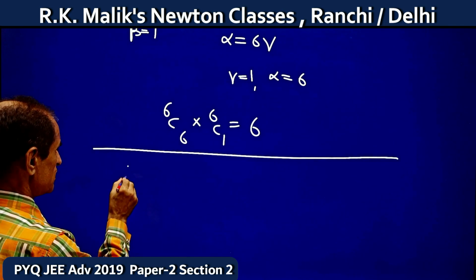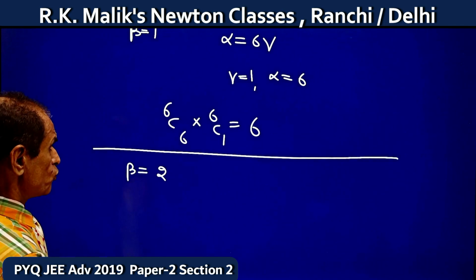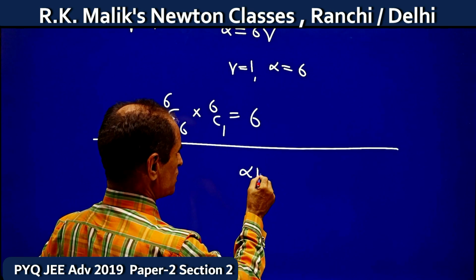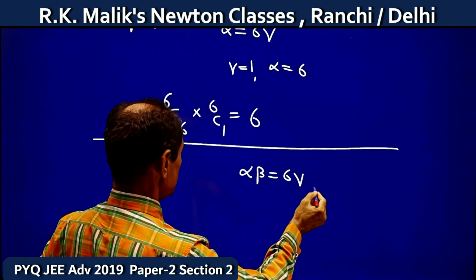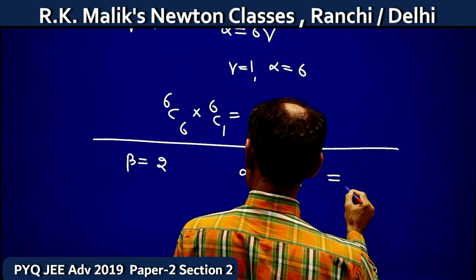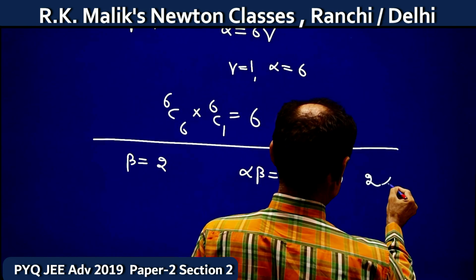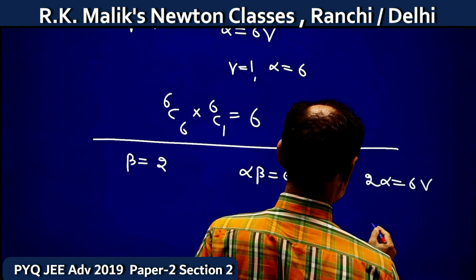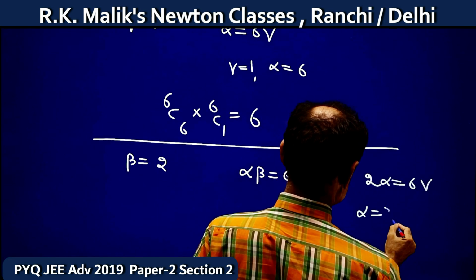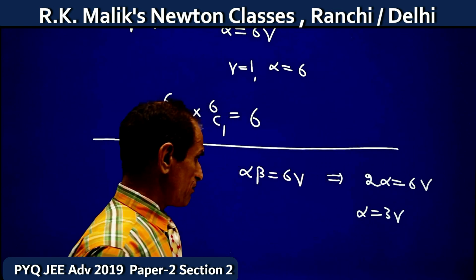And second case, if beta is 2, then alpha beta equal to 6 gamma will mean that 2 alpha is equal to 6 gamma, that is alpha is equal to 3 gamma.